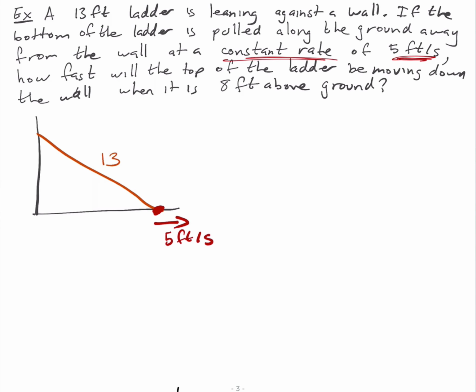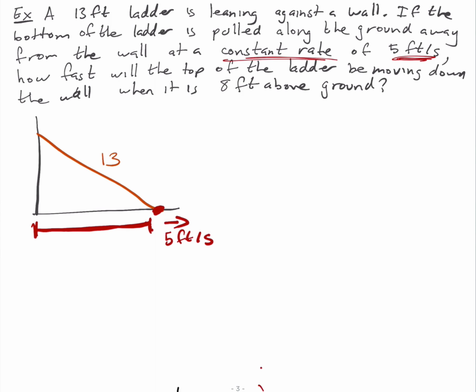Okay, so we should label this distance here. What do you guys want to call the distance from the bottom to the wall? You can just pick any letter you want. L?